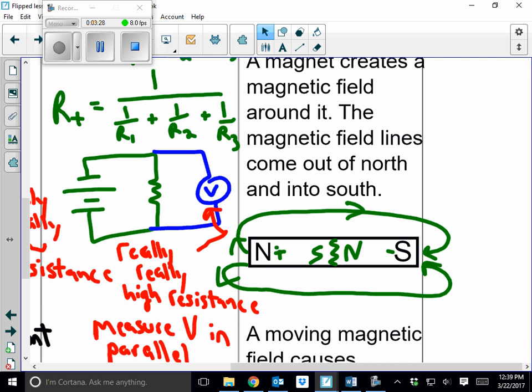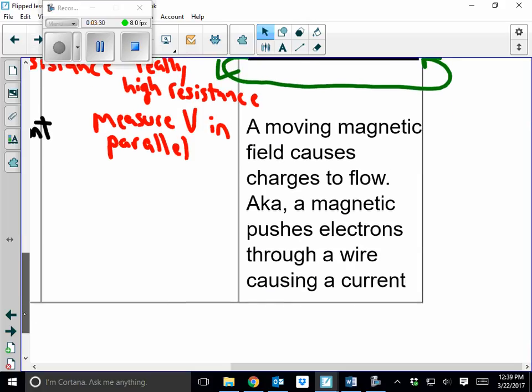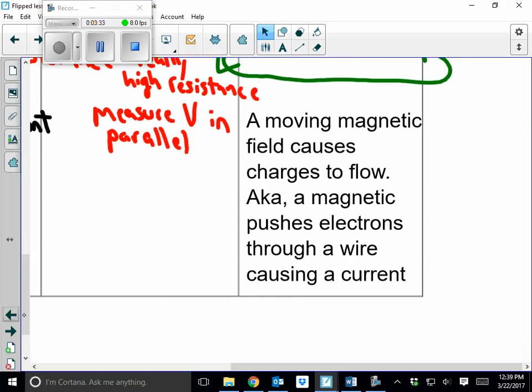Here's the really cool thing, an application to real life: how we actually make electricity. A moving magnetic field causes charges to flow, that is, a magnetic field pushes electrons through a wire, causing a current. In class on Friday, or whenever we go over this homework, I'm going to break out a little device I made where I took a film canister, put some magnets inside, wrapped a bunch of copper wire around the outside, and attached it to a small LED.